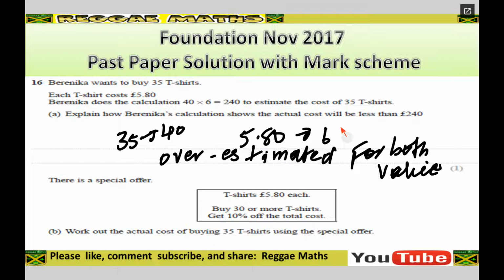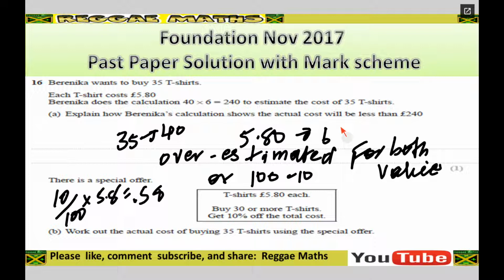To work this out, work out 10% of 580, which is divide by the bottom, times by the top. Or 100% minus 10 is 90%.